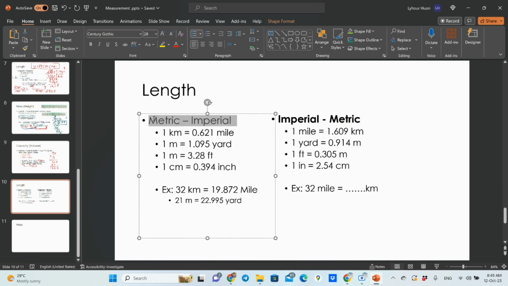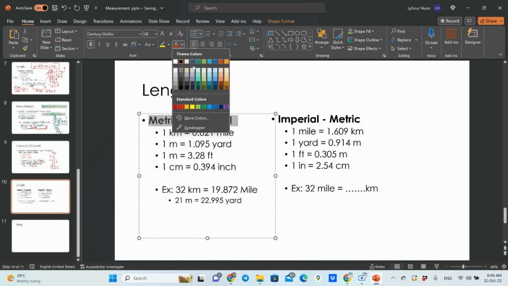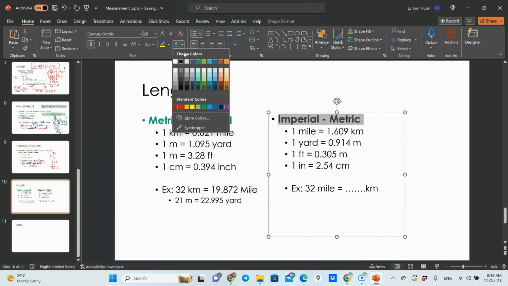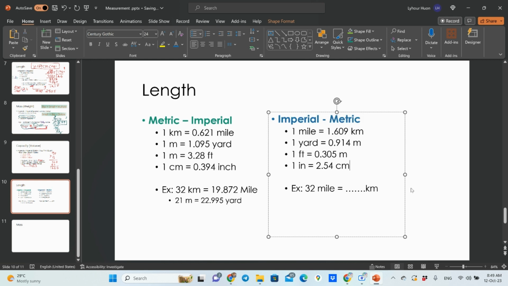Use this table. I gave the colors here: this is metric to imperial, this is imperial to metric. By converting these it is multiplication, but we use this number, not this number.